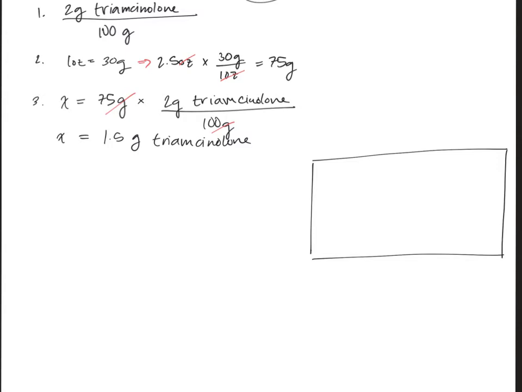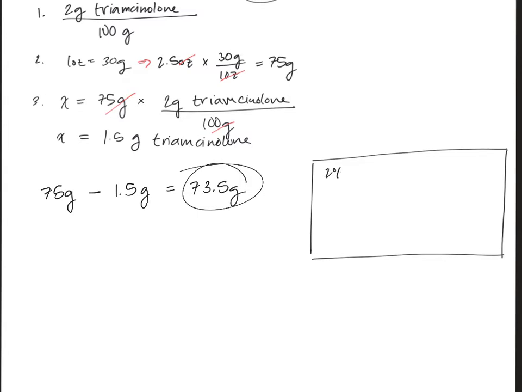We're subtracting the amount of triamcinolone needed from the amount of the product that we need. So we have the 75 grams, and we're going to subtract from that what we found out we need, which is 1.5 grams, and we'll end up with 73.5 grams, which is the amount of Vaseline we're going to use to in total get the 75 grams.